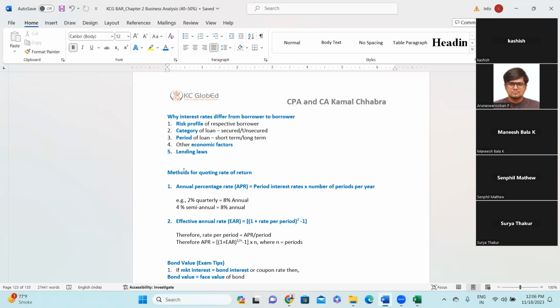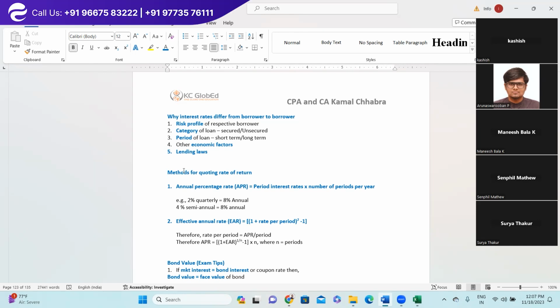That economy is called a hyperinflationary economy, right? In such economic conditions, these things also impact the interest rate, right? Maybe for an individual staying in India the interest rate may be different, but for a person staying in a hyperinflationary economy, the interest rate may be different, right? And the lending laws, so the law of the country. RBI in India governs the interest rates, right?